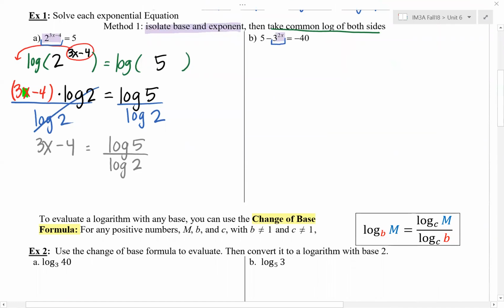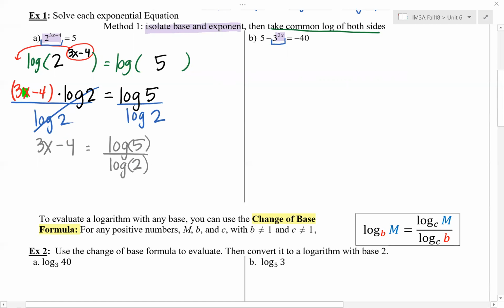So what we can do here is we can estimate that log of 5 divided by log of 2 by plugging it into our calculator. So if we look at our calculators, we should have a button that just says log, right? That's our common log, our base 10 log. So we are going to type into our calculator log 5, and then you should need to close a parenthesis. Make sure that you have log 5 in parentheses like this within your calculator, or it's going to do something wrong.